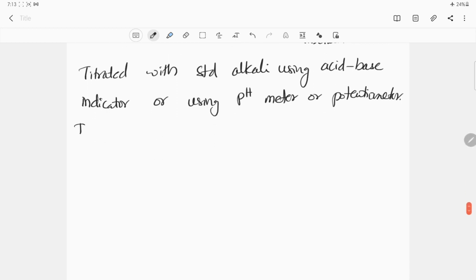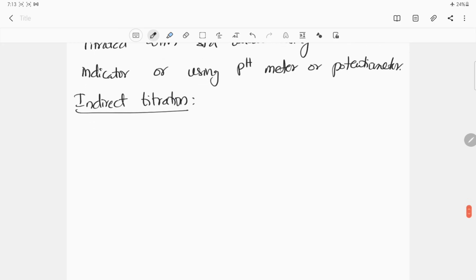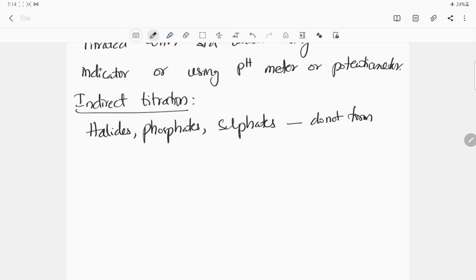Next, indirect titration. In this method, the ions such as halides, phosphates, sulfates, which do not form a complex with EDTA are determined.